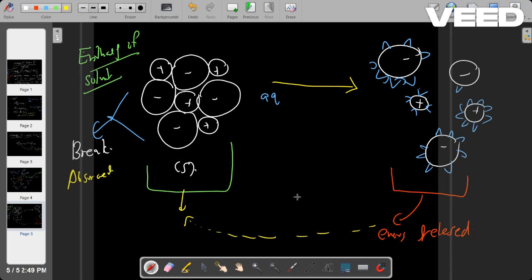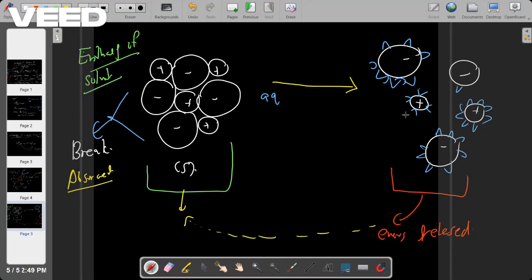To break the lattice, they are absorbing energy from the energy released. So breaking is endothermic, dissolving is exothermic. Now, energy from the dissolving is used to break the lattice.